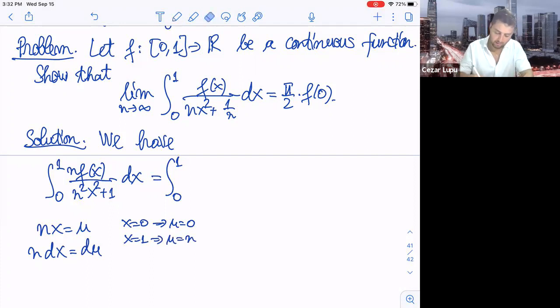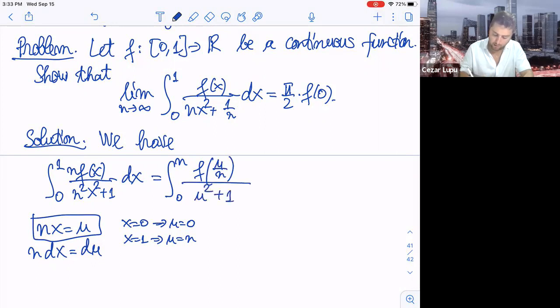So this guy would be, and pay attention because this would be a bit tricky, the integral from 0 to n. So far I didn't take the limit, so bear with me. Here we have that n dx is du, so this would be f of u over n on top, and on the bottom, we have u squared plus 1 du. Great. So I have a new variable. And now we should be careful here.